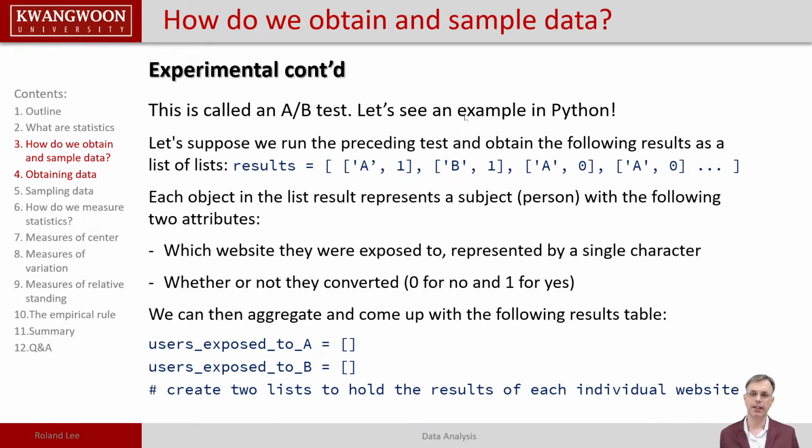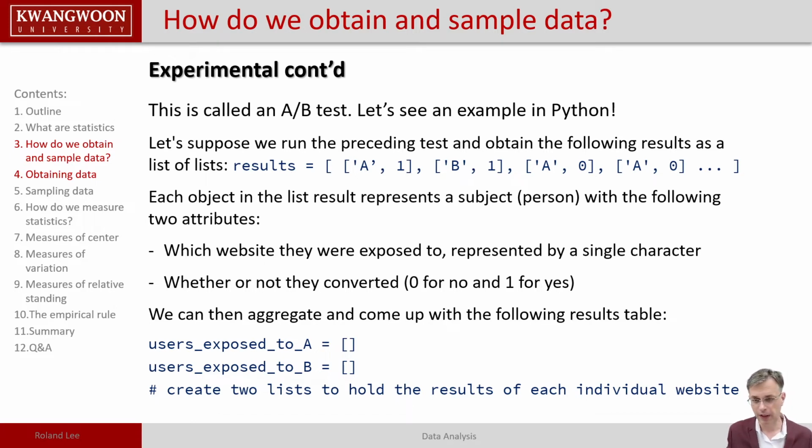For this, let's suppose we run a preceding task and obtain the following results as a list of lists. This example is actually just a sample, so we can't really run it because we don't have the exact data.